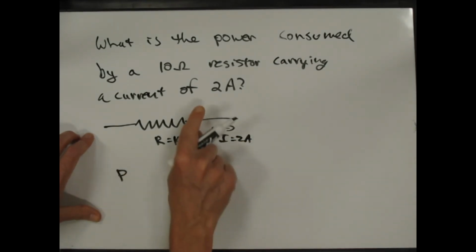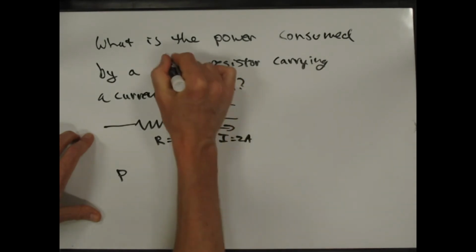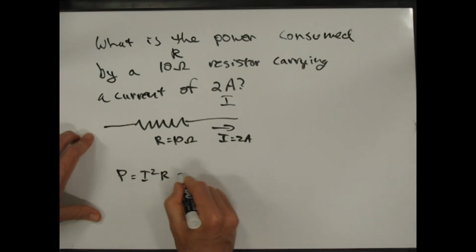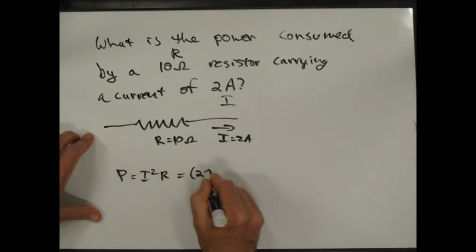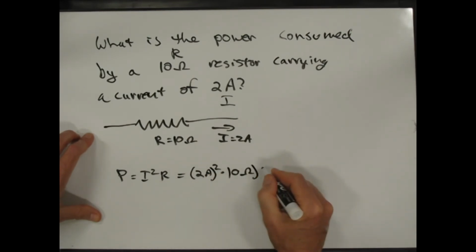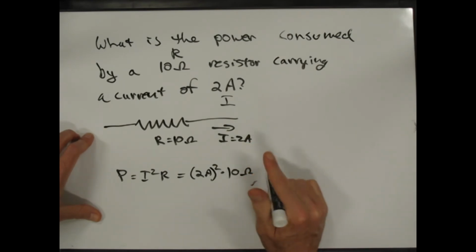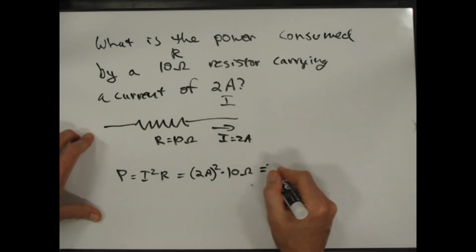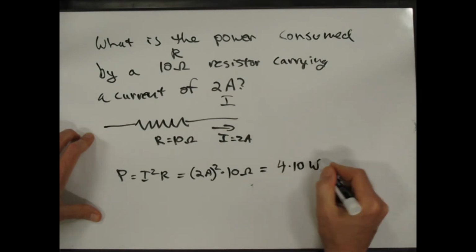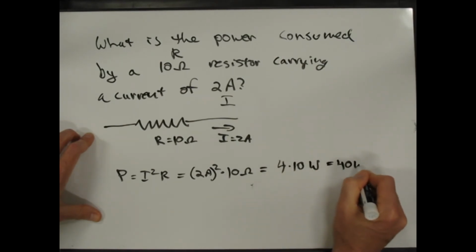And the power, since I have the current and the resistance, I can use the I squared R version of the power, and so that's 2 amps squared times 10 ohms, which is 4 times 10 watts, which is 40 watts, right?